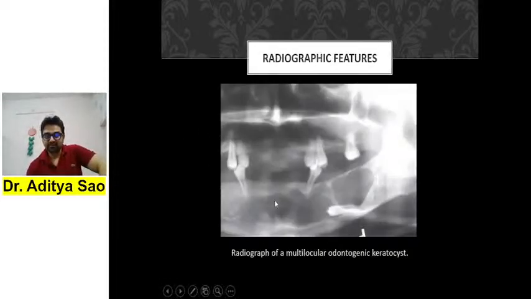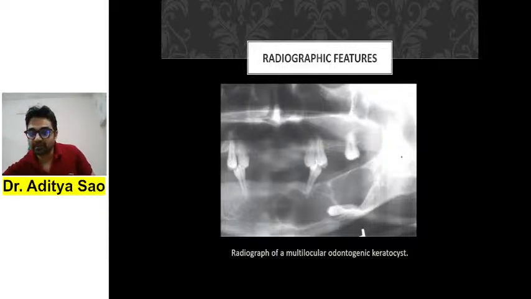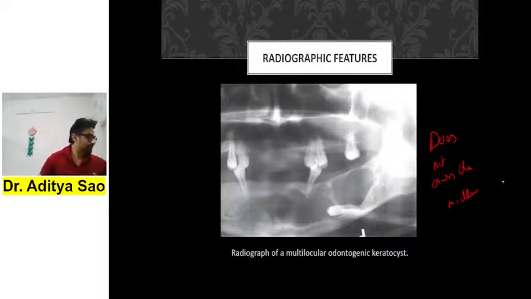You can see this, it has become multilocular with the scalloping borders. This is a hallmark of odontogenic keratocyst, and one more hallmark is it does not cross the midline.